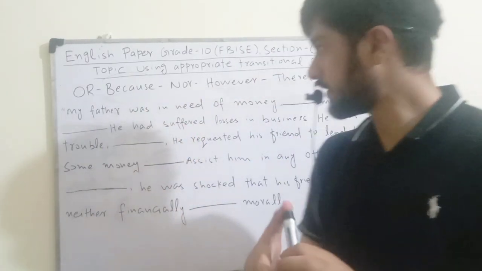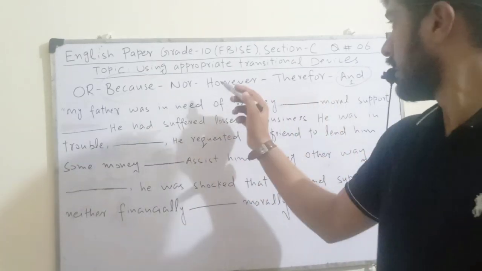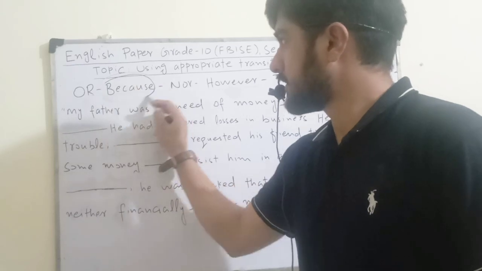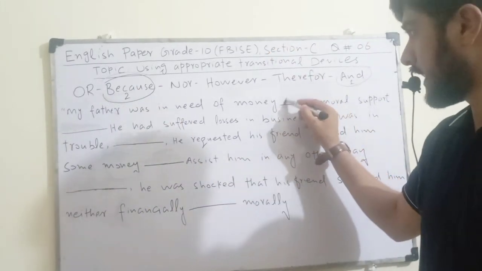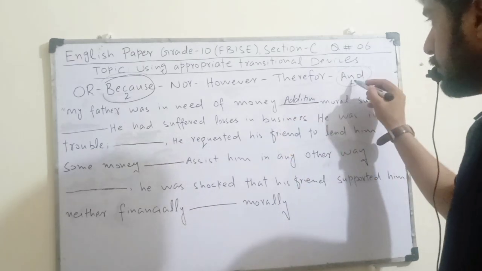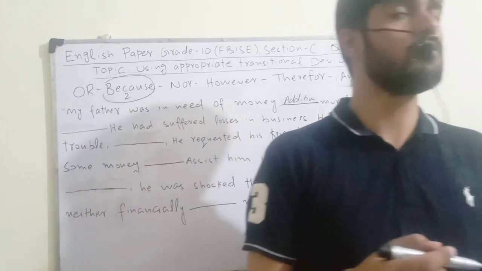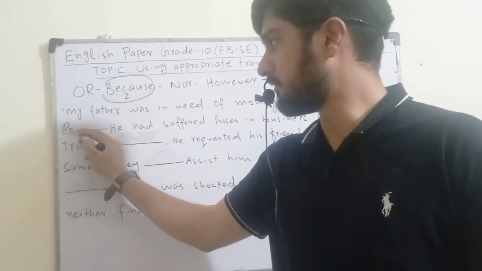The second transitional device is "because." The first transitional device is used as an addition, and the second device, "because," is used for reason.